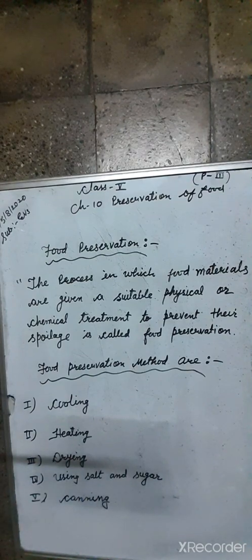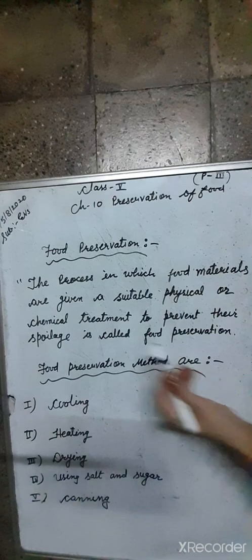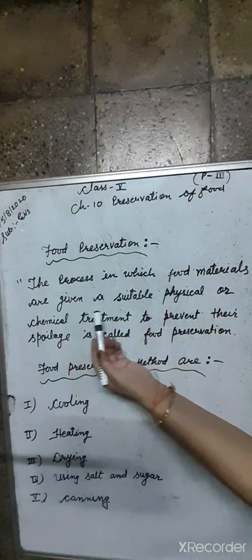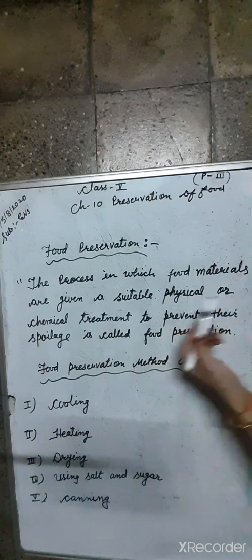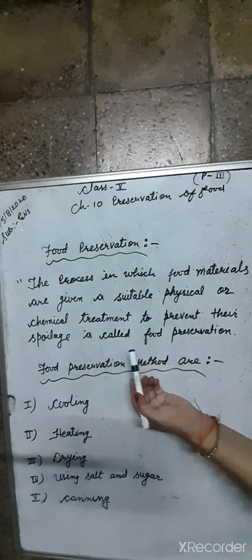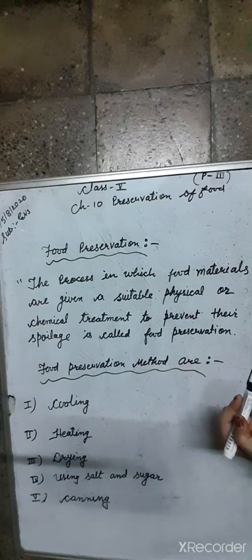Students, we cannot preserve food forever, but we can prevent it from getting spoiled for quite some time by making it difficult for bacteria and fungi to reach it and grow on it. The process in which food materials are given a suitable physical or chemical treatment to prevent their spoilage is called food preservation.